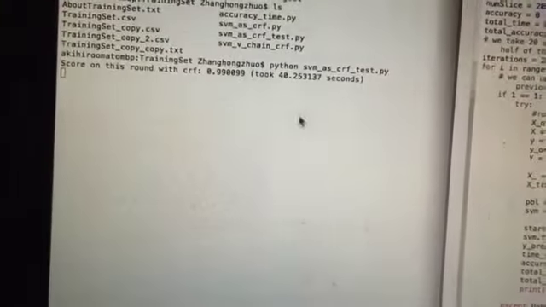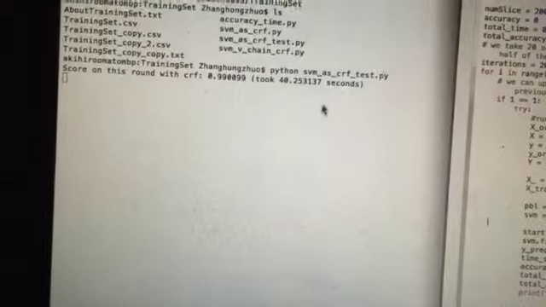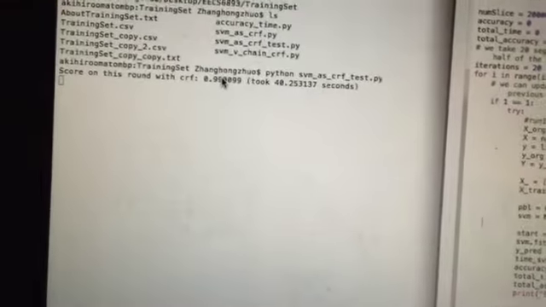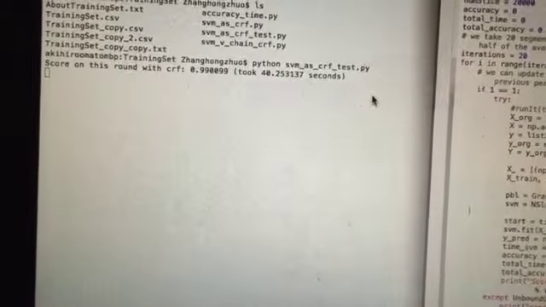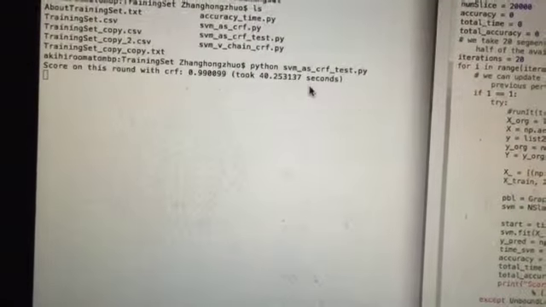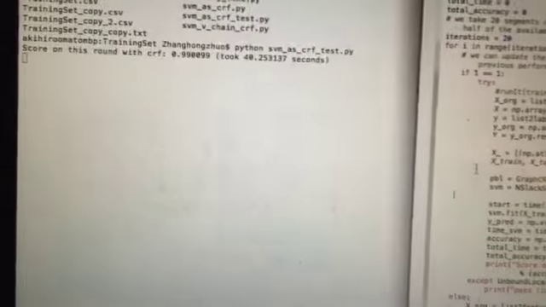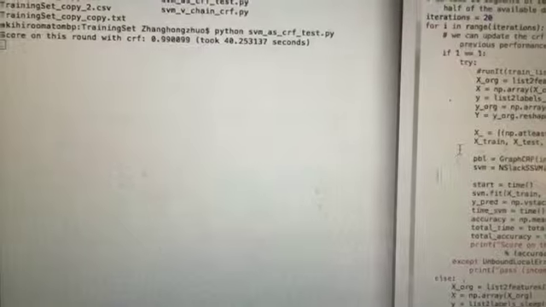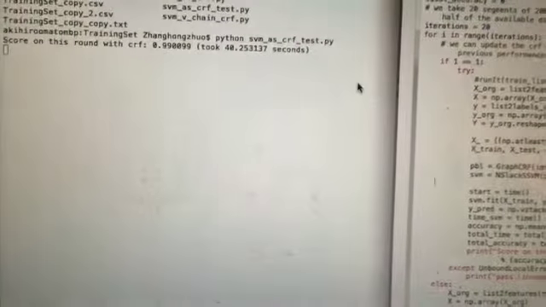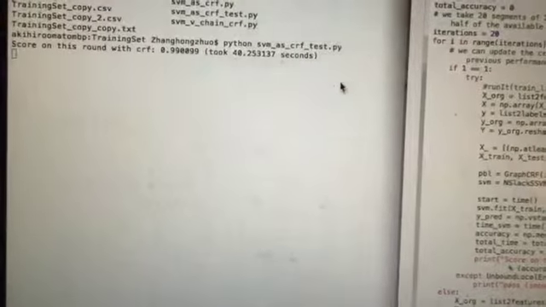And that is the major part that gives us the extra time. So you can see that the CRF model scored 0.99 on the first 20,000 tuples, and it took about 40 seconds to train the model and to apply the model on the testing tuples as well. And for the second iteration, it'll be about the same.